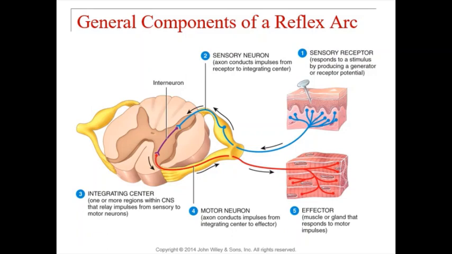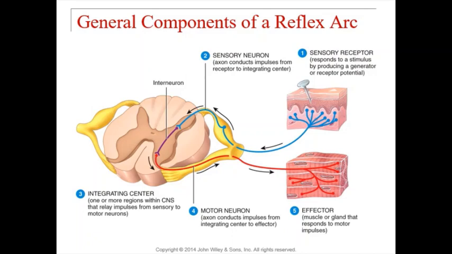They need to send the information on to the next player involved in this scenario. It's going to be a neuron that's going to carry that sensory information. You remember, neurons that carry sensory information are called sensory neurons. So your sensory receptors, as soon as they detect the stimulus, will send that sensory information using a sensory neuron.